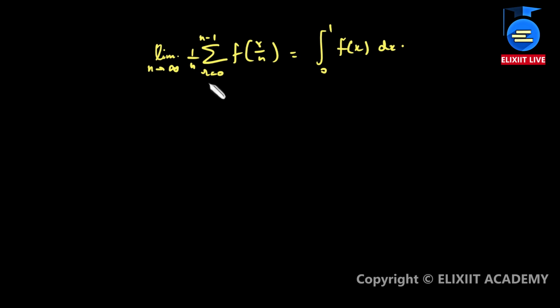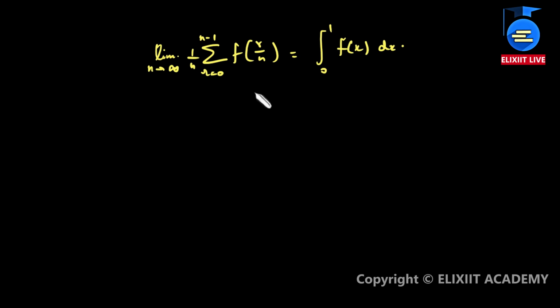We have also discussed how to determine the limits, and we will recall the same again. Over here we have dx. Now 1 by n is actually replaced by dx. This is the main thing. We have also proved this in the last class.